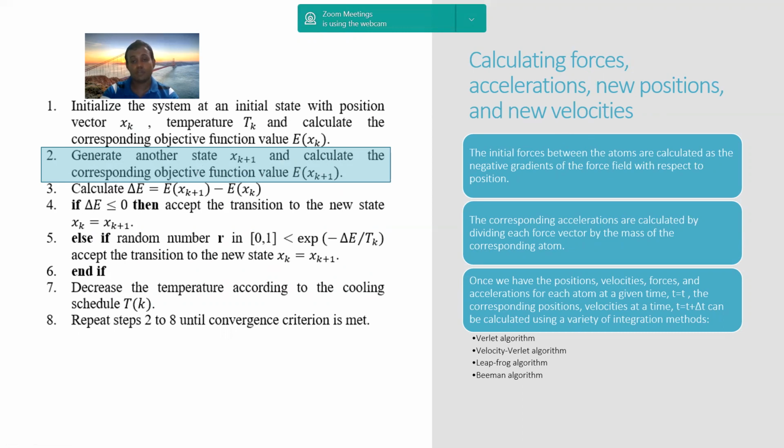Then from Newton's second law, which says force is equal to mass times acceleration, once we have the forces, we can divide the forces by mass to calculate the corresponding acceleration. So once we have the accelerations, forces, initial positions, and initial velocities, using integration methods like Verlet algorithm, velocity Verlet algorithm, leapfrog algorithm, we can calculate the corresponding positions, velocities for subsequent steps.